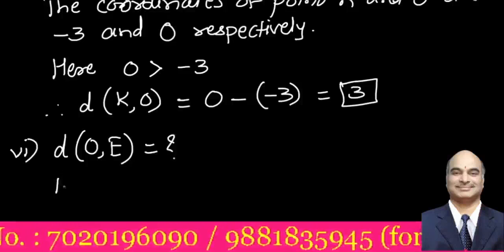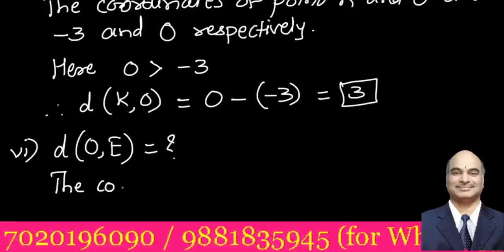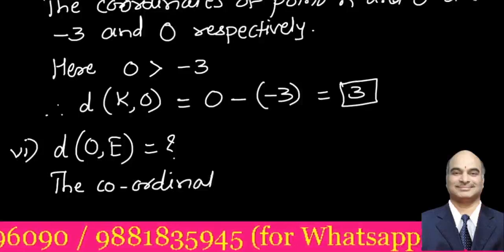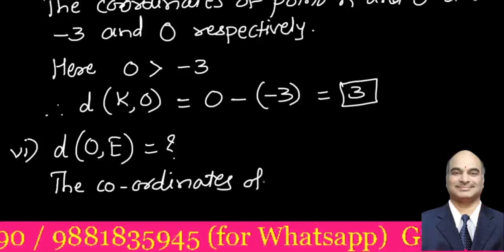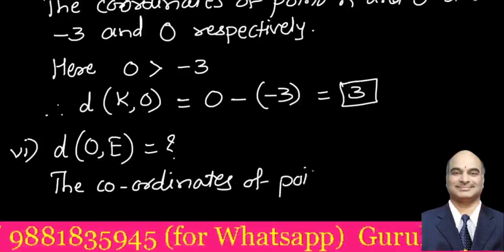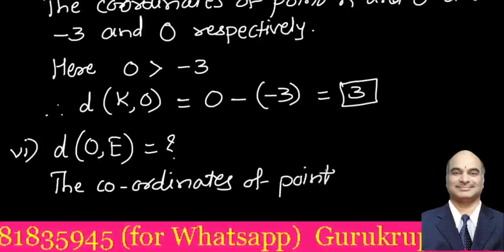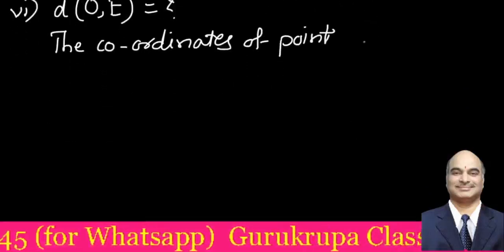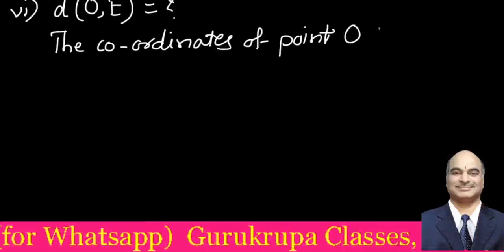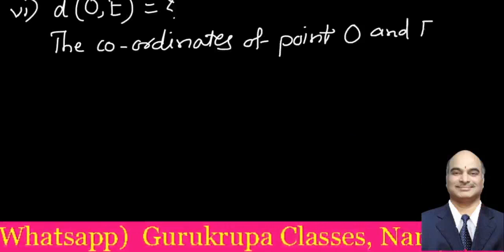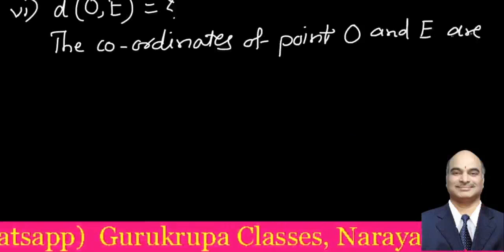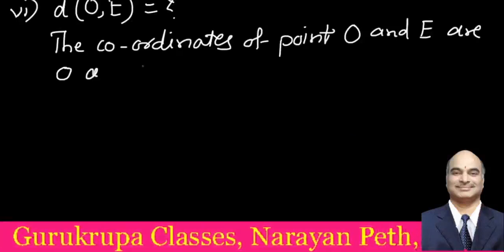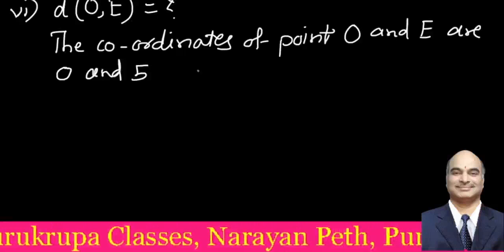So if you look at the coordinates of O and E, O has coordinate 0 and E has coordinate 5 respectively.